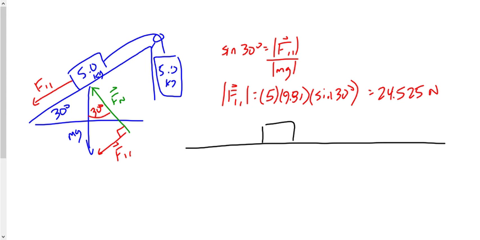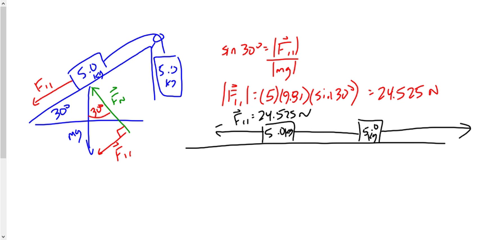Let's put a 5 kilogram object right here with a F parallel acting to the left of 24.525 newtons. And then let's put a 5 kilogram object over here with a force of gravity acting on it. We'll call it Fg of what? Mass times gravity, right? 5 times 9.81. Good?